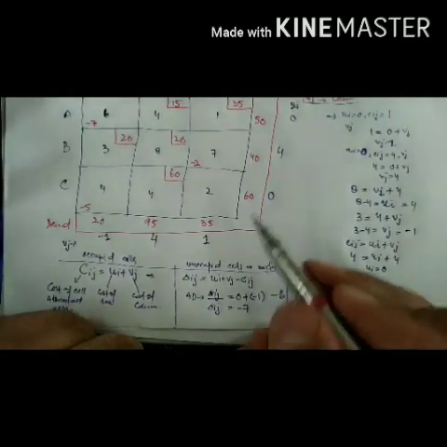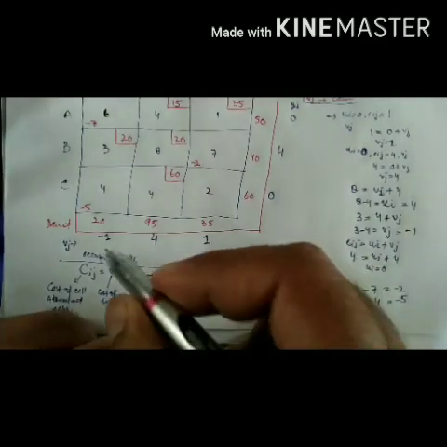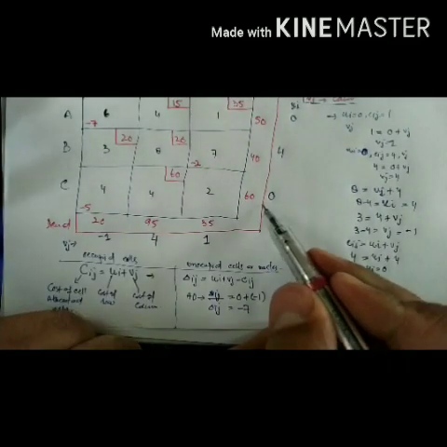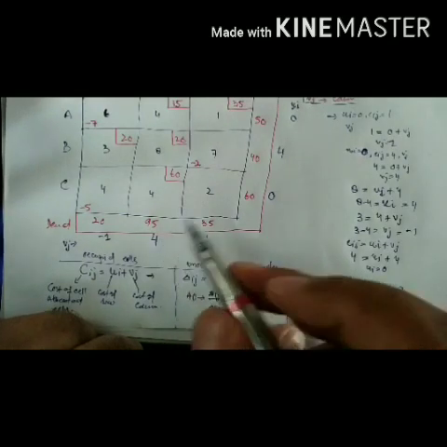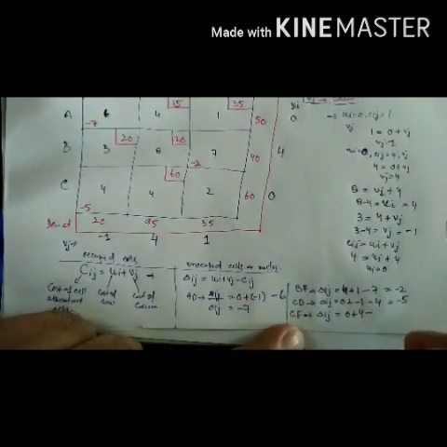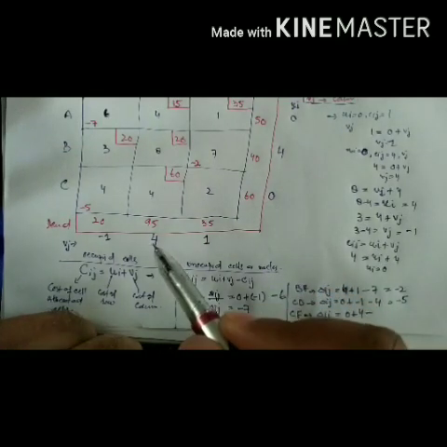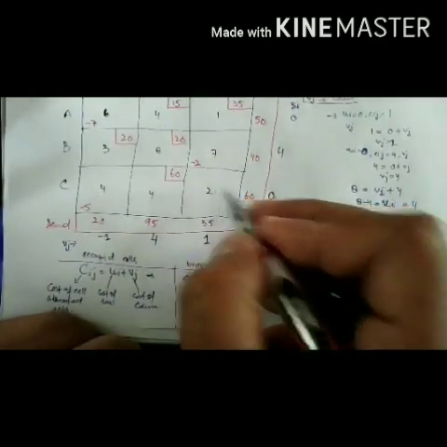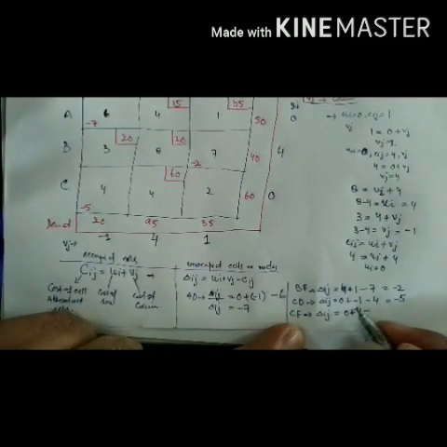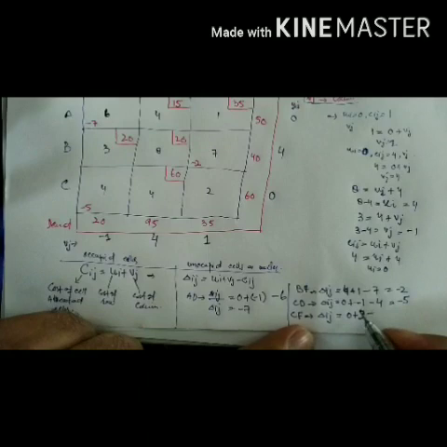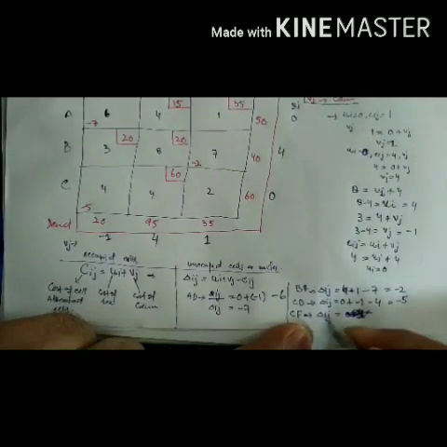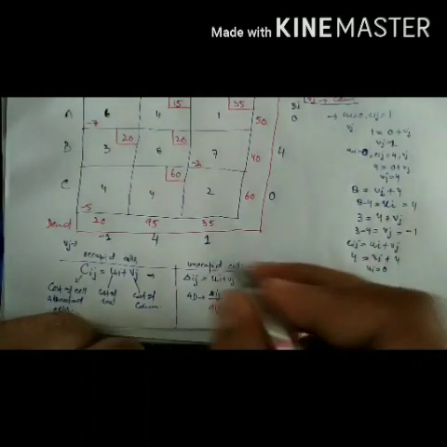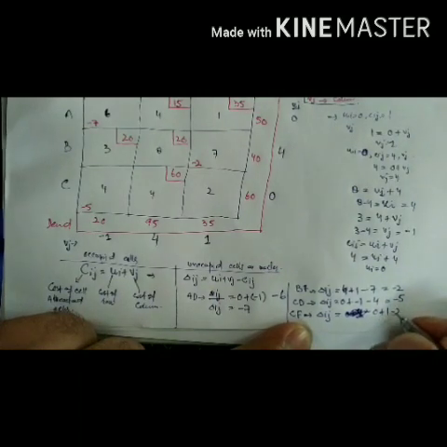For this route CF, I have to calculate del Ij. Del Ij will be equal to Ui, which is 0, plus Vj, which is 1, minus Cij, which is 2.